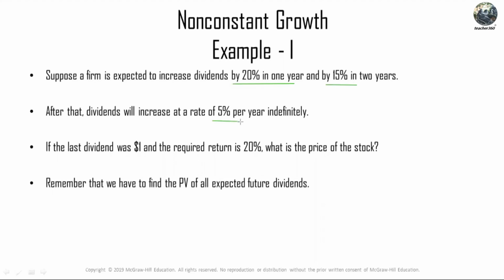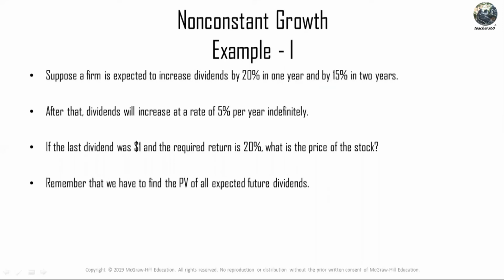So in year 1 it is different, in year 2 it is different. Thereafter, in the rest of the years, the growth rate is 5%. So if the last dividend was $1, the required return is 20%. What is the price of the stock? Now we have to find out the price of the stock.